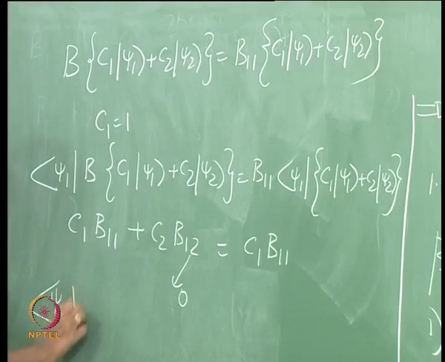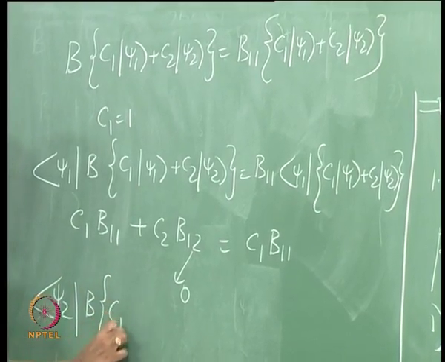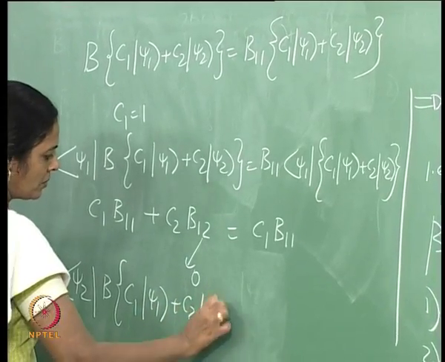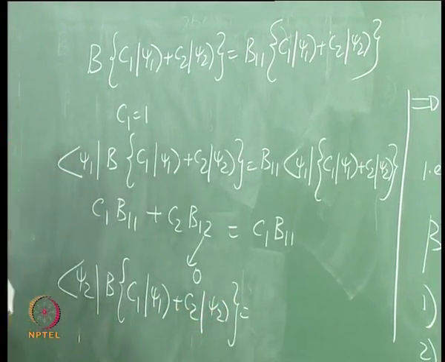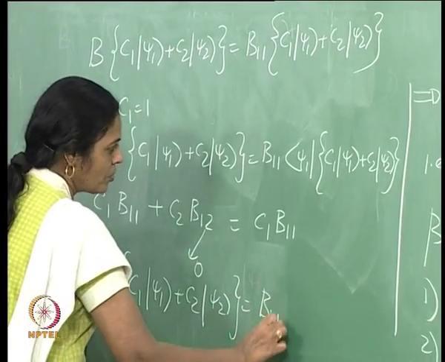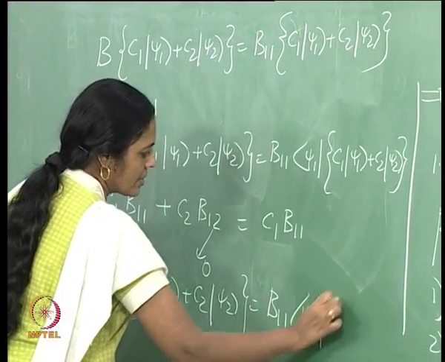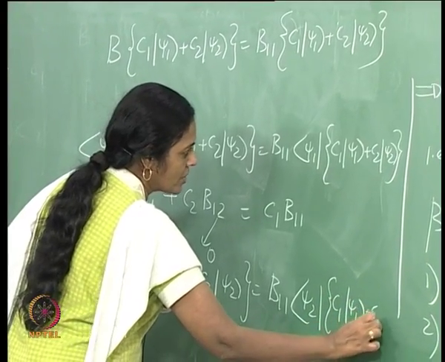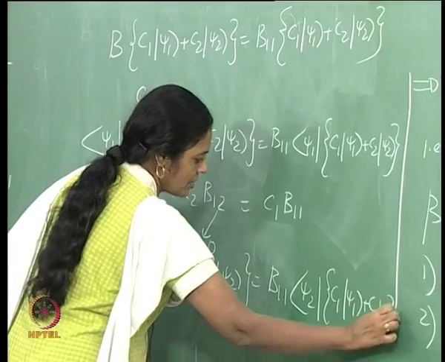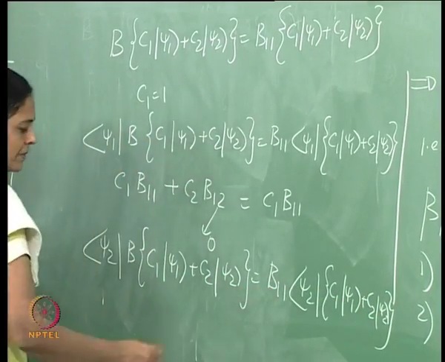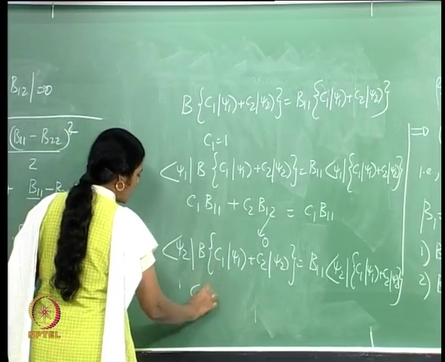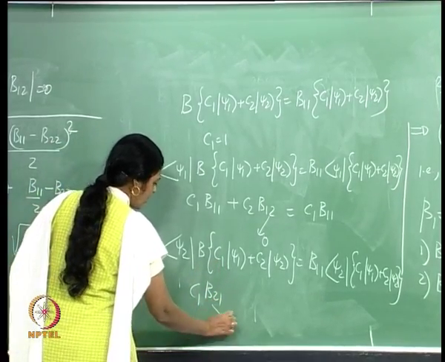If I now do psi 2 B times C1 psi 1 plus C2 psi 2, that object is B11 times the inner product of psi 2 with C1 psi 1 plus C2 psi 2. By this I mean the inner product. The first term gives me C1 B21, but that is 0.